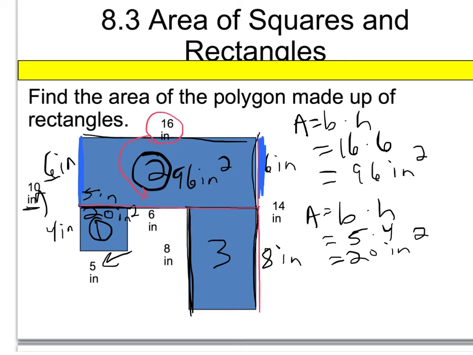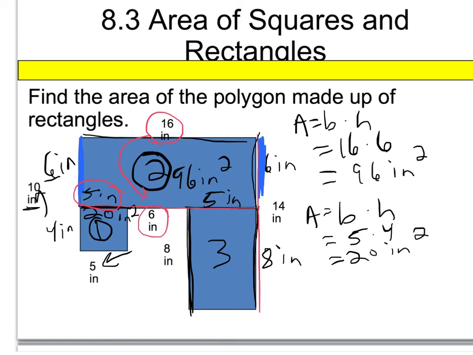So if this long side is 16 inches, we already know that this right here on the left side is 5 inches, that this middle part is 6 inches. We know that this last piece is going to be 5 inches. And how do we know that? We took 5 plus 6 equals 11. Subtract that from 16, which is your overall length of that side, and you get 5 inches.